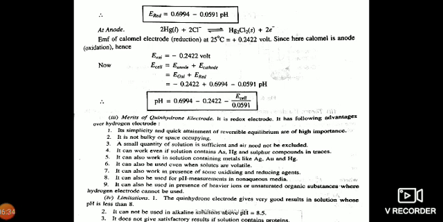Now the EMF of the cell is the EMF of the anode plus the EMF of the cathode, that is E oxidation plus E reduction. When you substitute those values, it is equal to E oxidation, minus 0.2422 volts, plus E reduction, 0.6994 minus 0.0591 into pH.